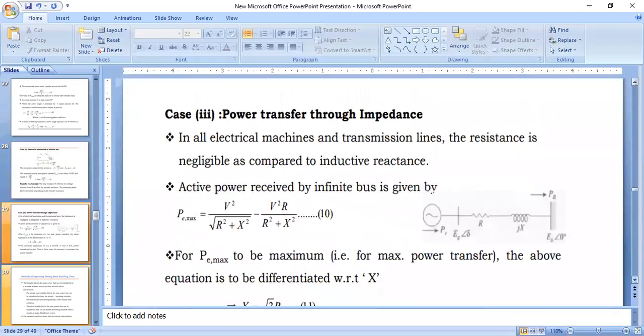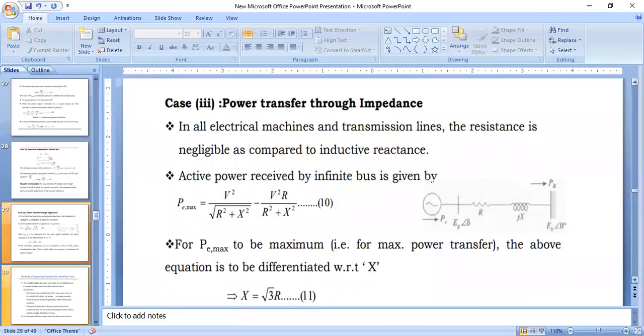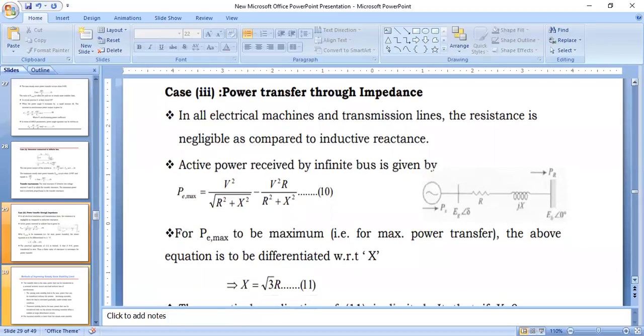Let us take case 3, power transfer through impedance. See, this is the figure showing the power transfer through impedance. In all electrical machines and transmission lines, the resistance is negligible when compared to inductive reactance. The active power received by the infinite bus is given by PE = V²/√(R²+X²) − V²R/(R²+X²).